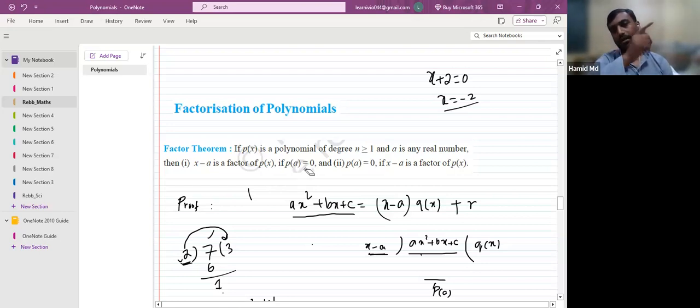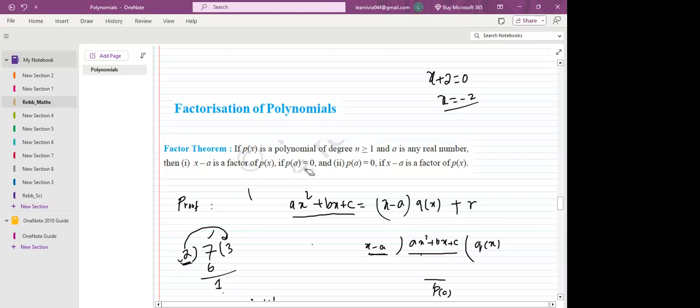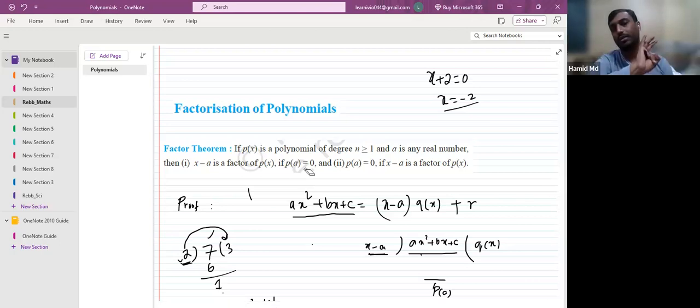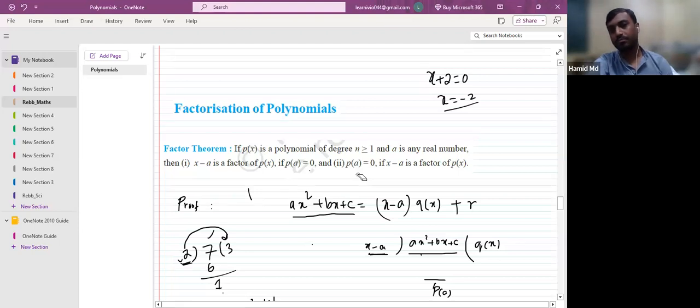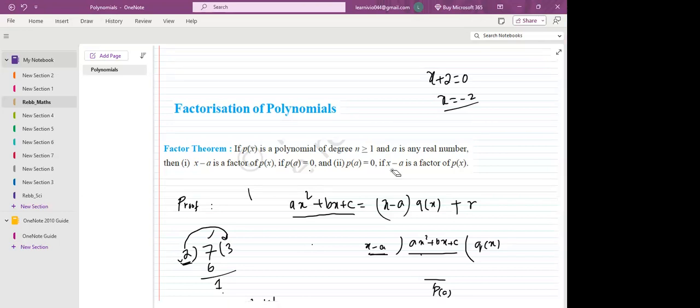It only becomes a factor if Pa is equal to 0. In other words, if Pa is equal to 0, then x minus a is a factor of Px. Clear?